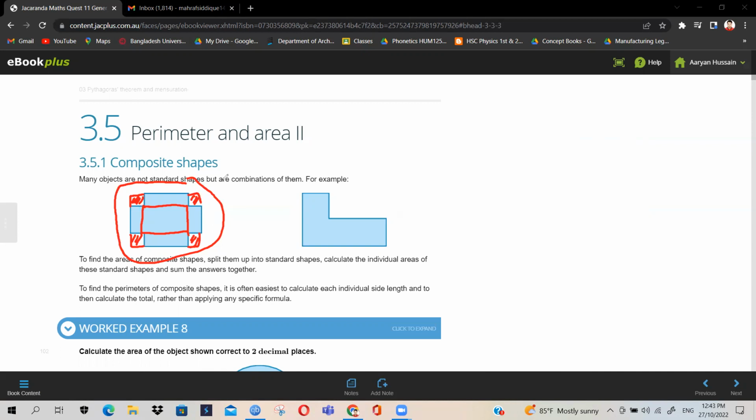Now that is for area, but for perimeter you don't have to do anything else. Just measure the sides and add them up, so you will get the perimeter. Same in case of any shape, you just have to measure the whole boundary.